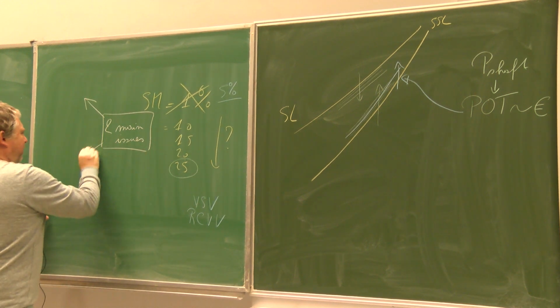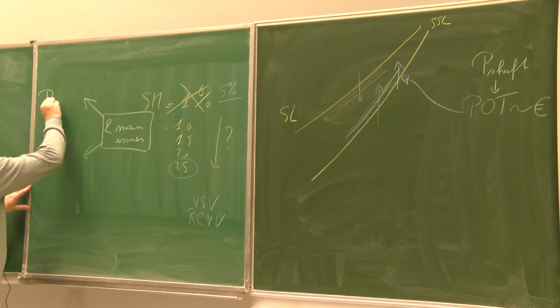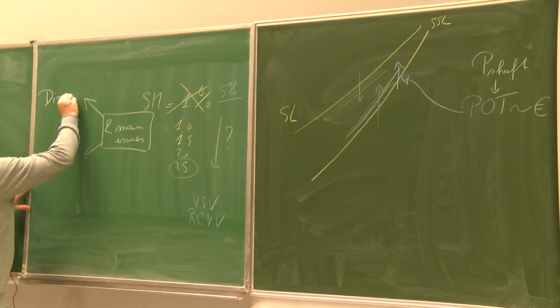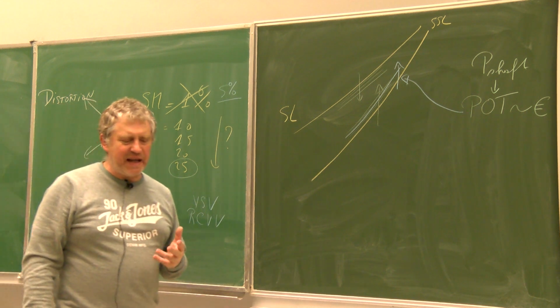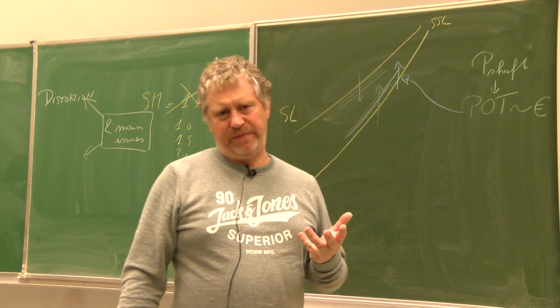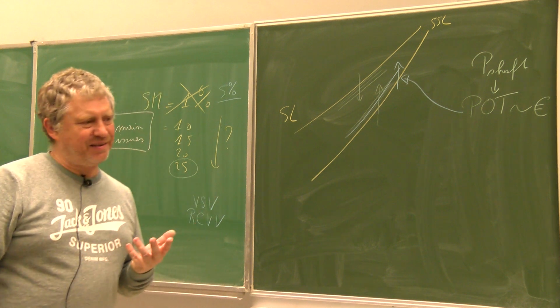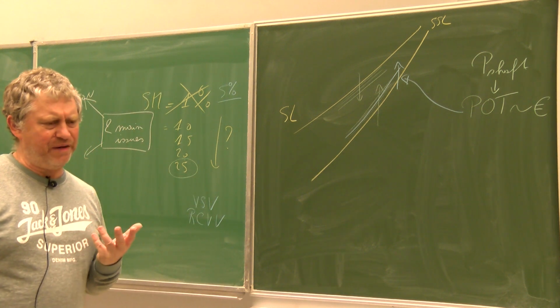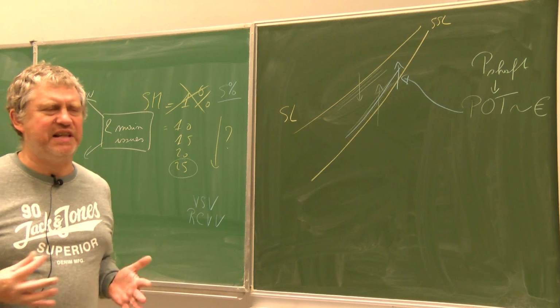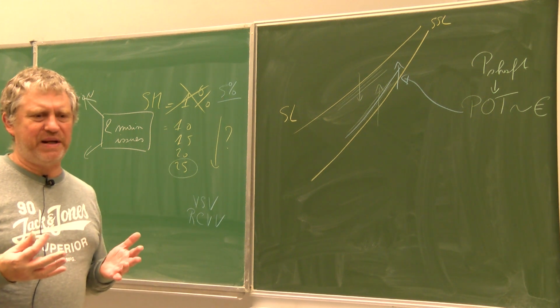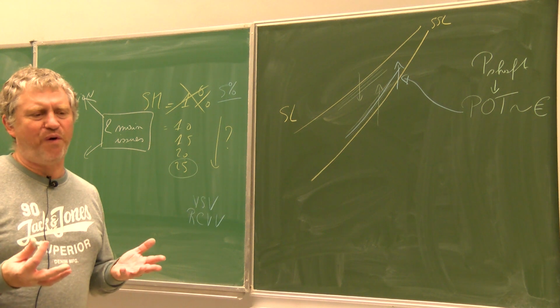The first one is something that we have discussed already, but not so much in detail. This is distortion. The fact that you are arriving on the compressor, first stage, second stage, third stage, with a flow that is not uniform.